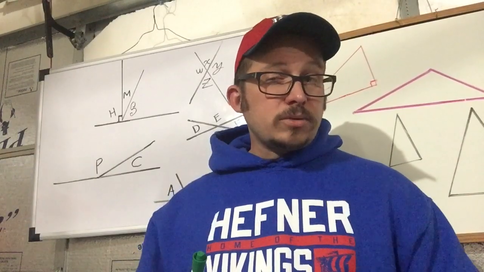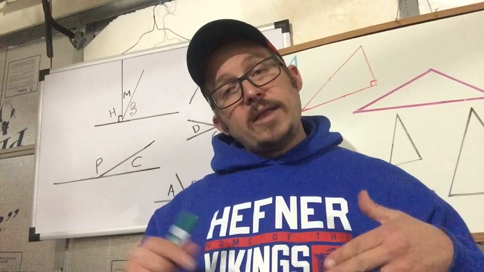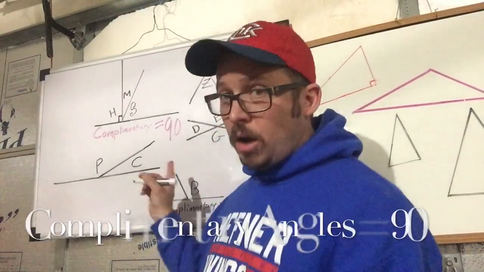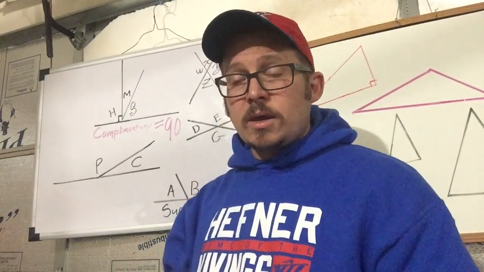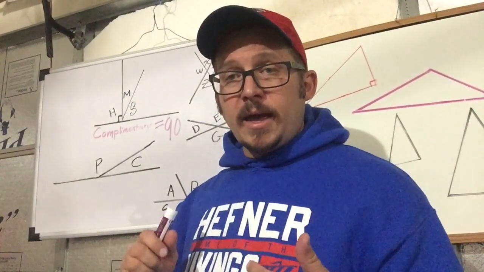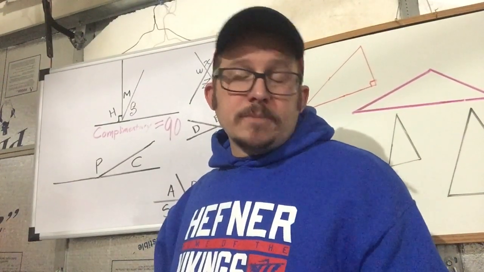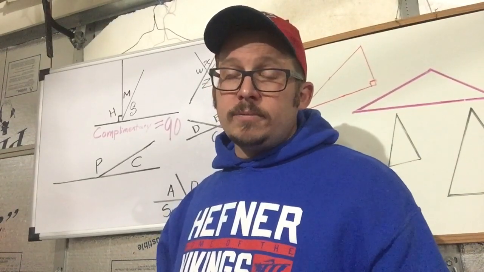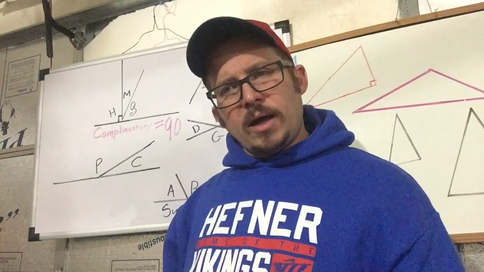Did you know there's a special name for M and S? If you have two angles that add together to equal 90, they are complementary angles. Complementary angles equal 90. So, that means that M plus S equals 90. If M were 30, S would be 60. If M were 15, S would be 75. How about if M was 35?